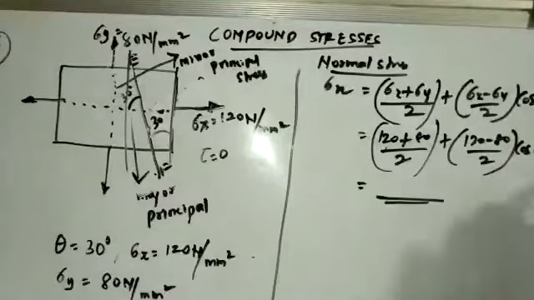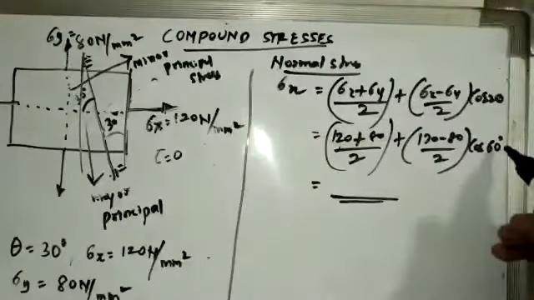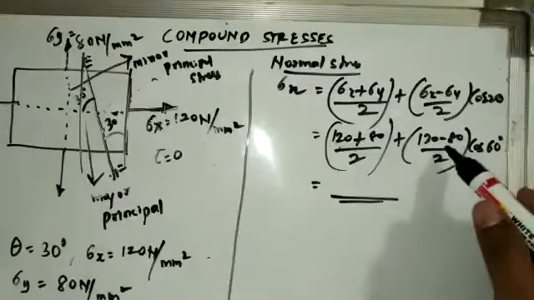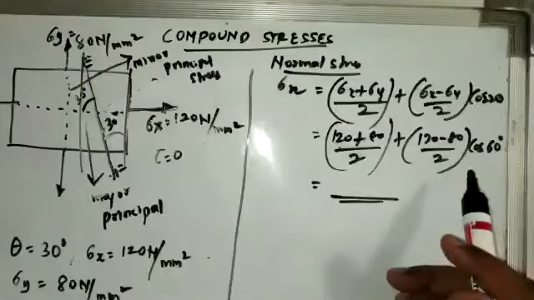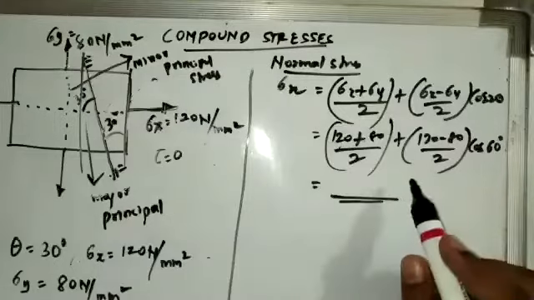Tell me the value quickly. Cos 60 degree. 70.5. 70. Are you sure? Sir, I'll check again. Yeah, 1 second. Just check it.